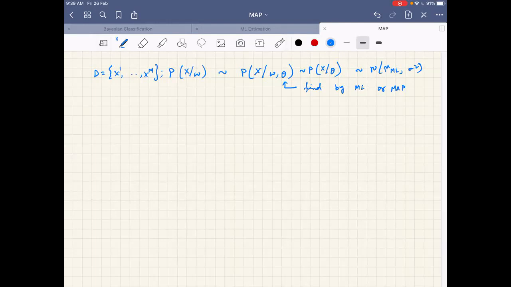But the question here is, in MAP estimate you have finally found mu n, that is mu MAP is equal to mu n. That is, you have found the estimated value of the mean, and you also have found sigma n square. What is this sigma n square defined as?